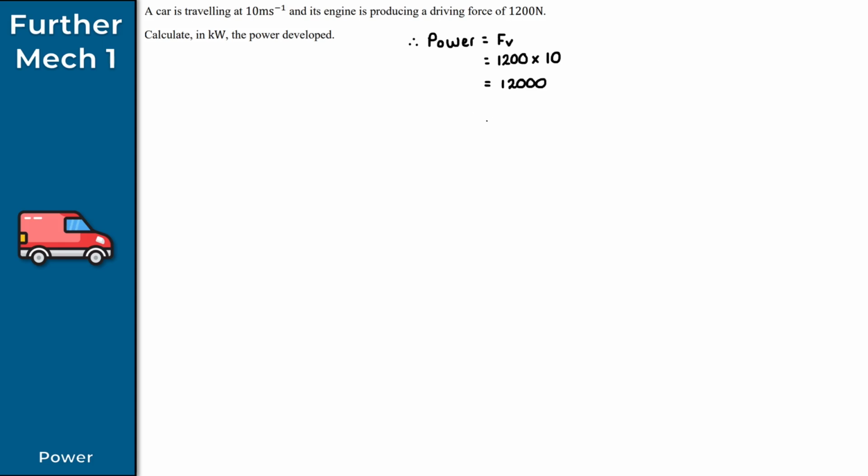So what that means then is the power developed here is simply 12 kilowatts. Okay. And there we have it then. So that gives us the solution there to question 1.